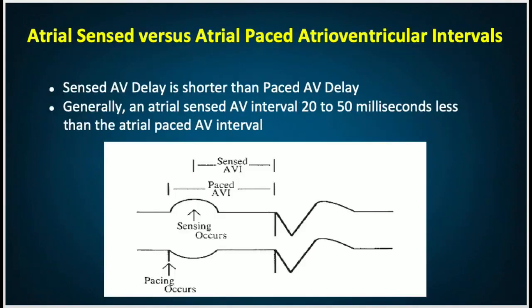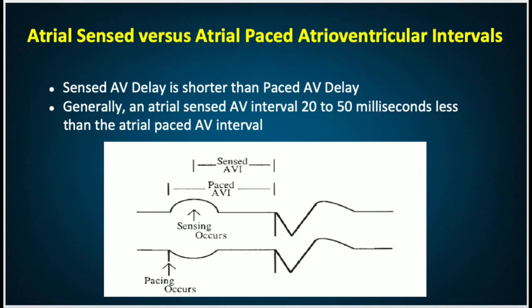Let's discuss atrial sensed versus atrial paced AV intervals. Hemodynamics involves a difference in the appropriate AV intervals, depending on whether the atrium is sensed or paced. If atrial activity is sensed, this makes the initiation of the pacemaker AV interval later, because some atrial activation has already occurred at this time.